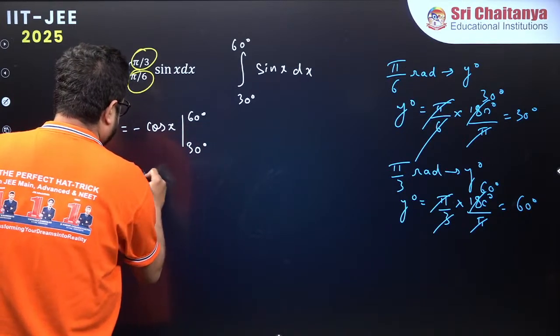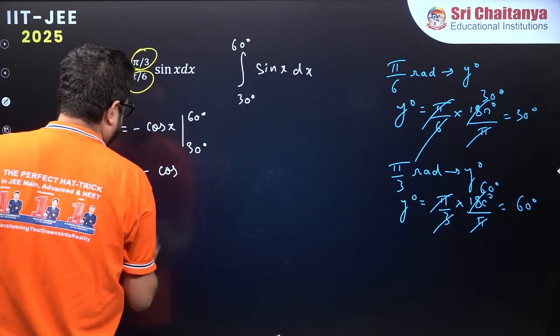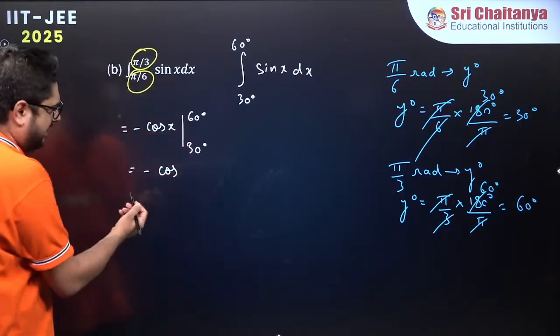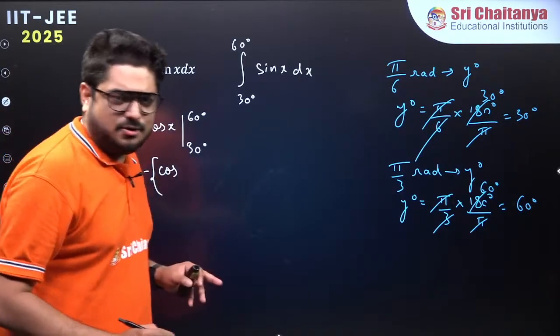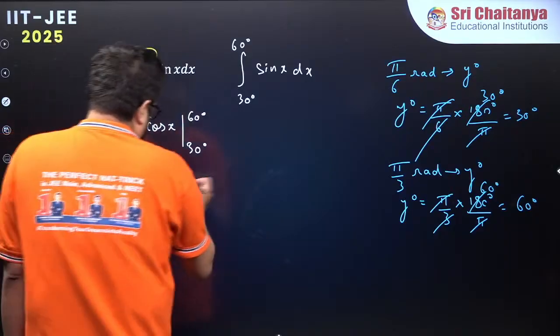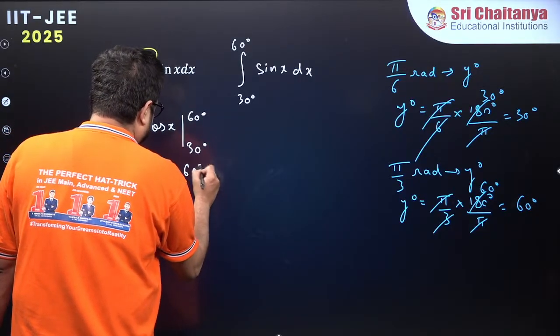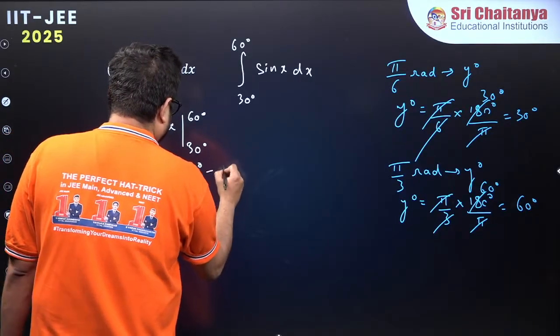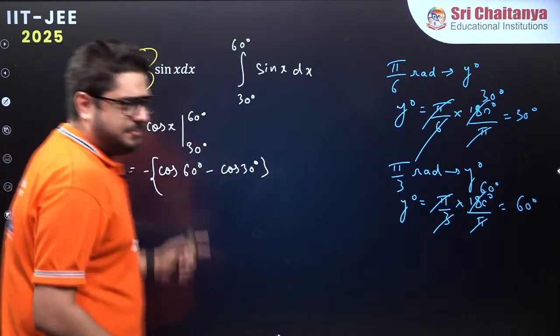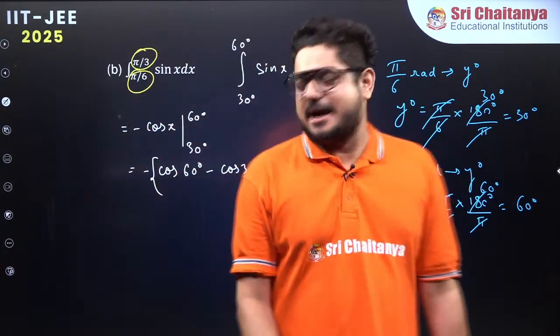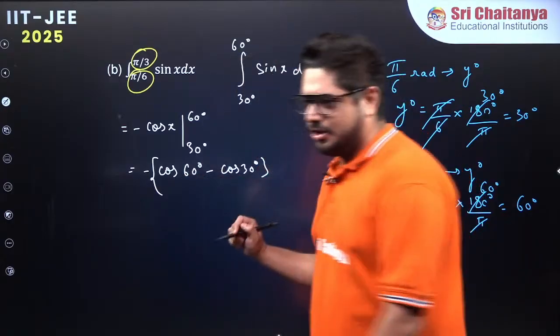So I will get minus of the upper limit. You can take the minus sign outside and then solve. So minus is outside: cos 60 minus cos 30. If I incorporate this minus sign, it becomes minus cos 60 plus cos 30, isn't it?